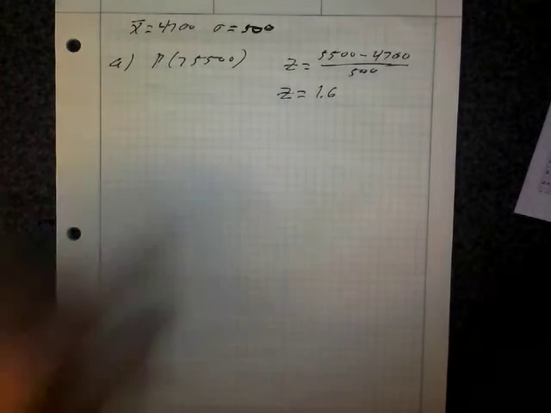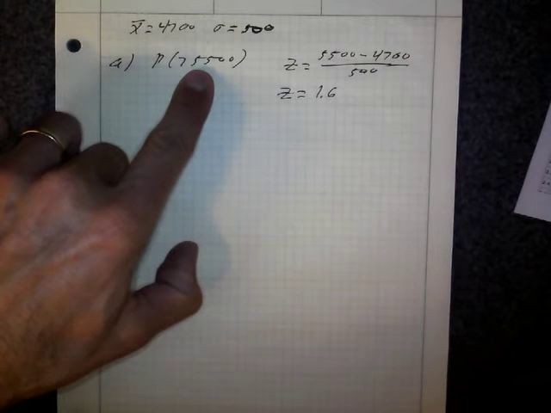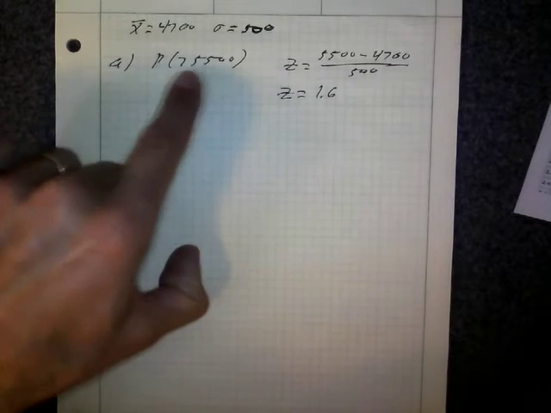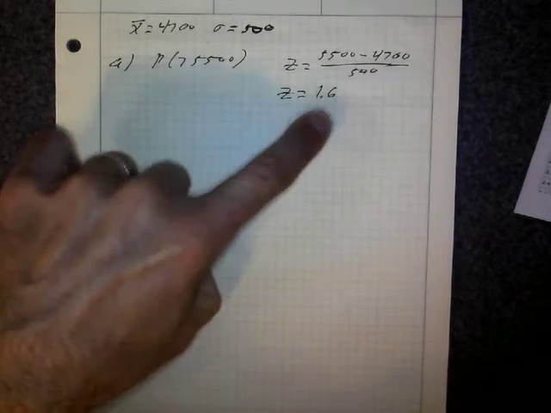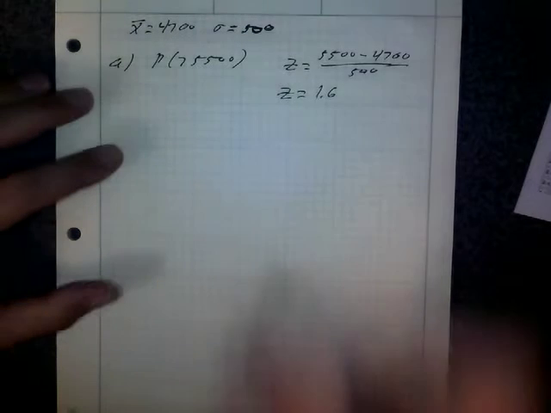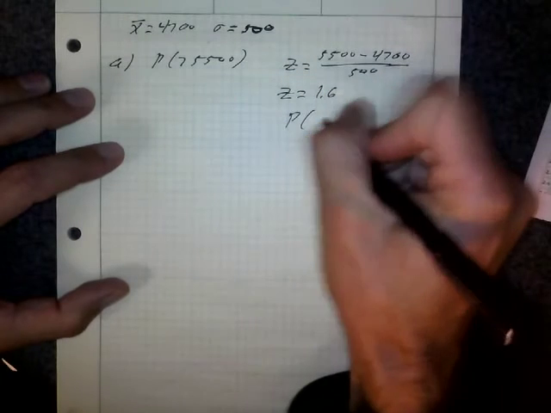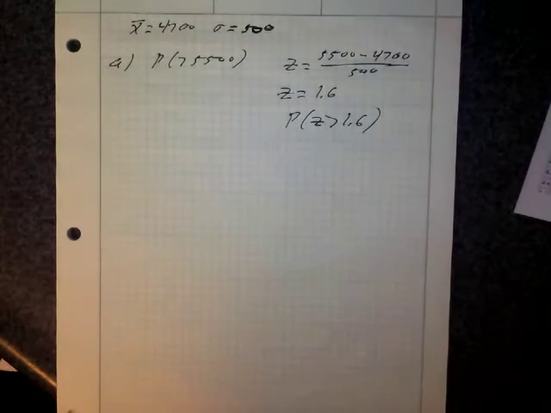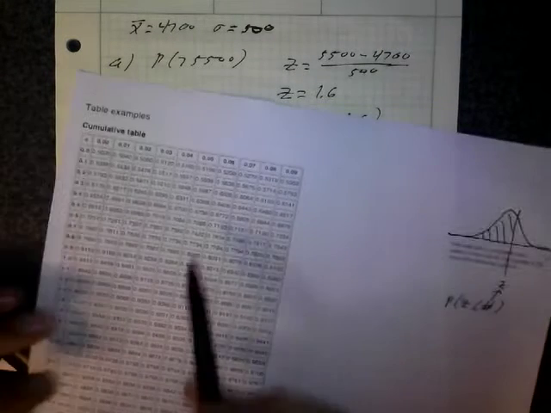I know the question you're asking is about 5,500, but in order to use the Z tables, we have to convert it to a Z value. So the equivalent Z value of 5,500 in your case is 1.6, and you're asking for the probability of a Z value above 1.6. Remember that the table references only Z values less than a certain number.